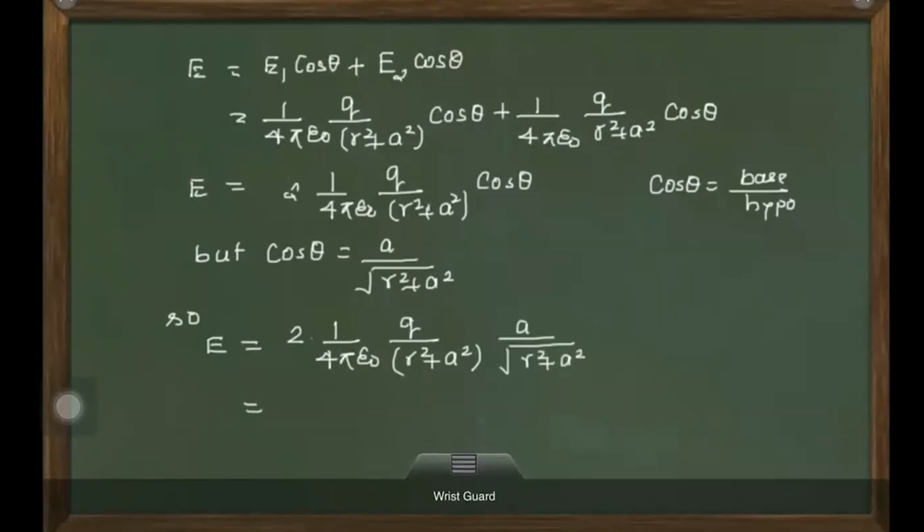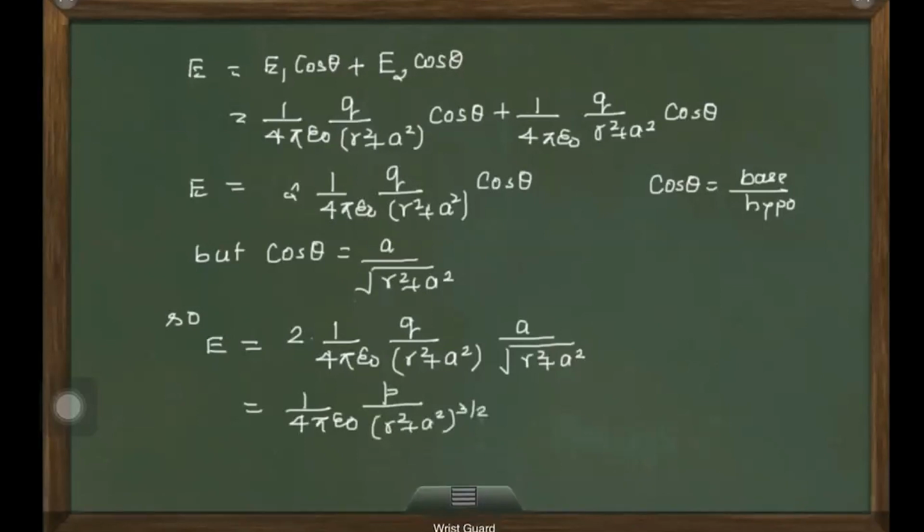Raised to power half. So here will be 2QA, and 2QA is represented by P in your previous session. So we can write it as P, and here will be R square plus A square raised to power. One power is here and half power is here. So it will be 1.5 power.